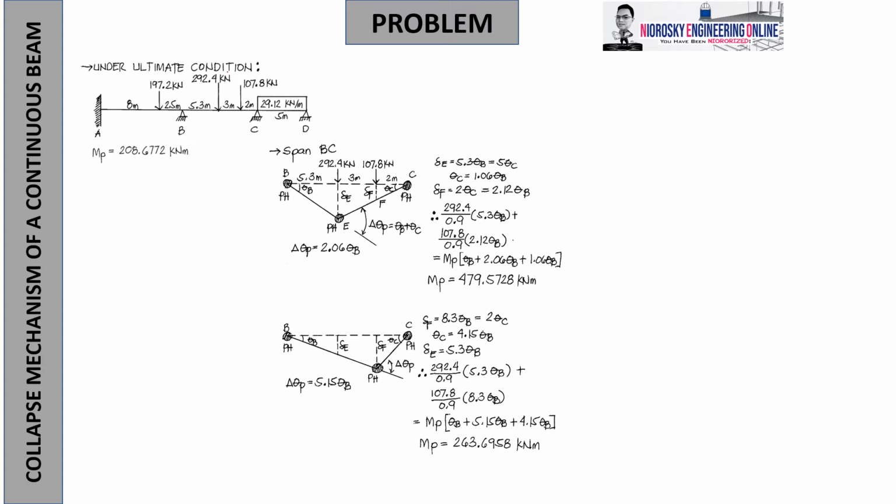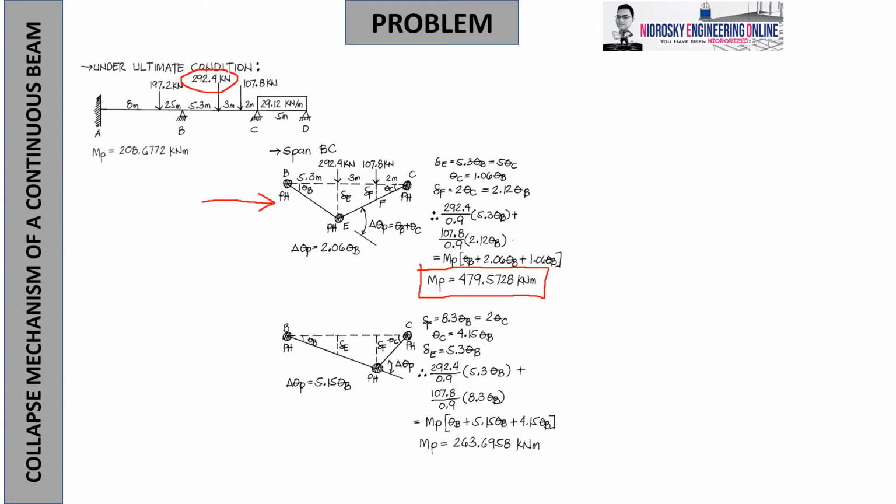So therefore, as we proceed with segment BC, the first case is if the 292.4 kilonewton governs. Then you will see under the first case, doing the analogy for energy in equals energy out, as well as the calculation for the small angle theorem, that you will find a value of 479.5728.